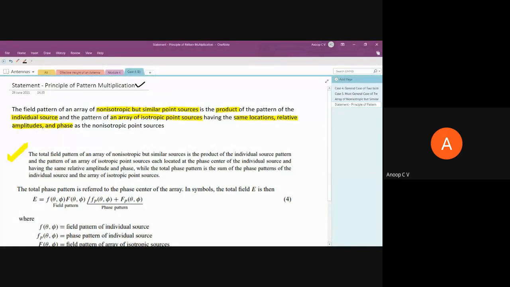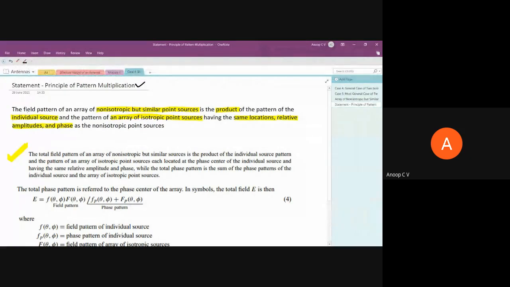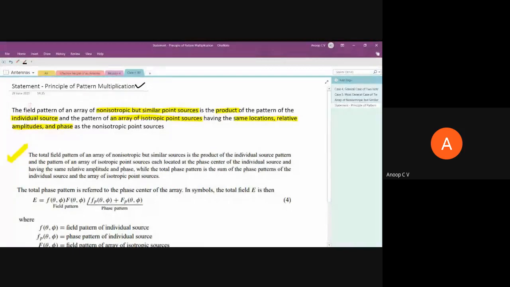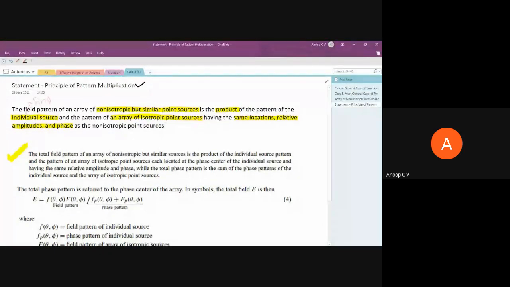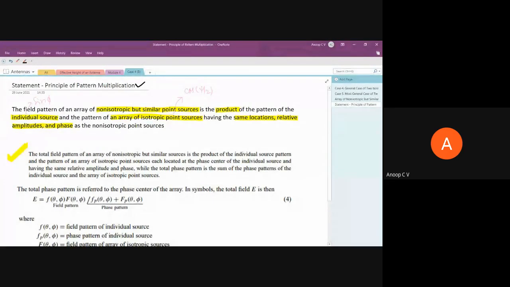The field pattern of an array of non-isotropic but similar point sources is the product of pattern of the individual source. In this example, which we have seen, the individual source had a pattern sine phi, and array of isotropic point source had a pattern cos of psi by 2.